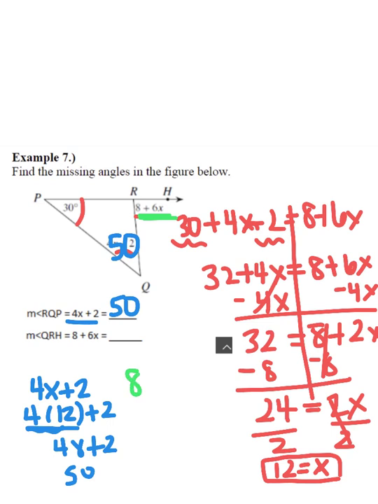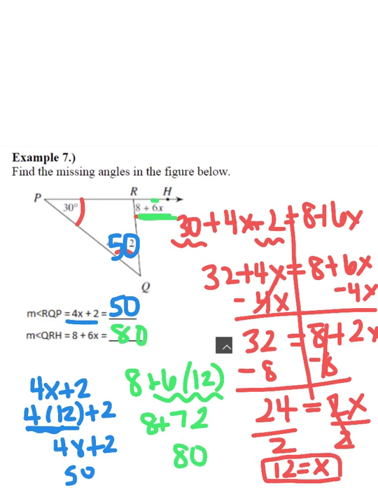So we have 8 plus 6 times x, which is 12. 6 times 12 is 72. 72 plus 8 is 80, which is what we said that it better equal. 30 plus 50 equals 80. And the remote interior angles are supposed to add up to equal the exterior angle. So we must be right.